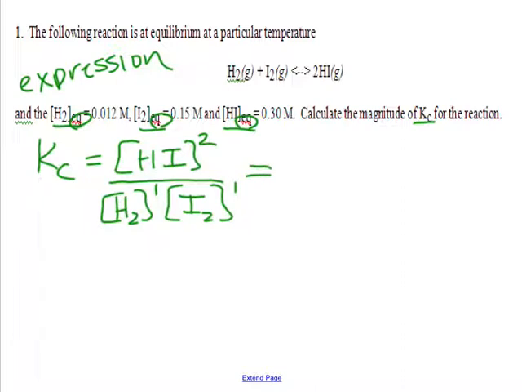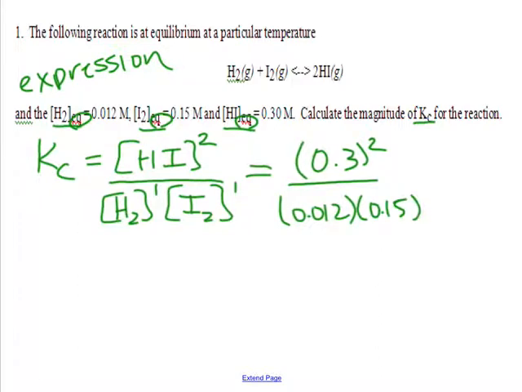And it's important that you recognize these are the concentrations after equilibrium has been established. So then we get 0.3 up top, and we get 0.012 times 0.15, and I believe the answer is 50. How do I make that 266? Point.